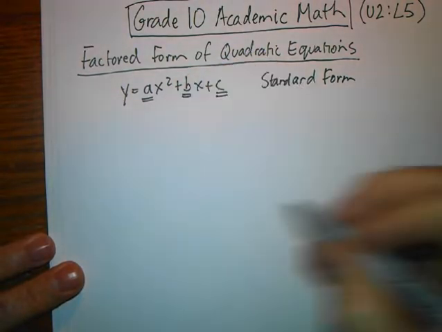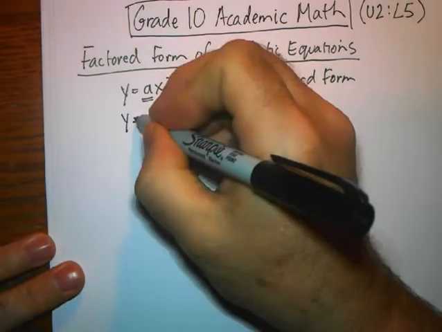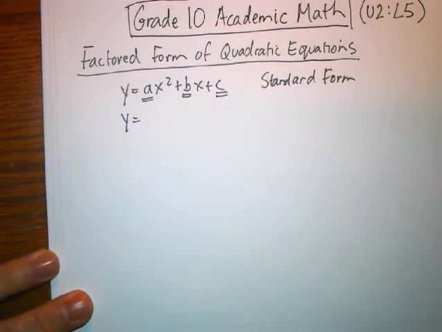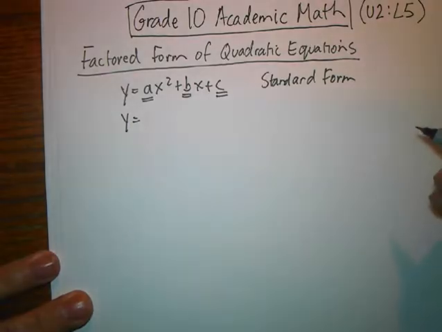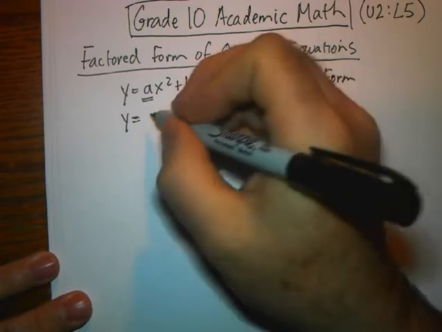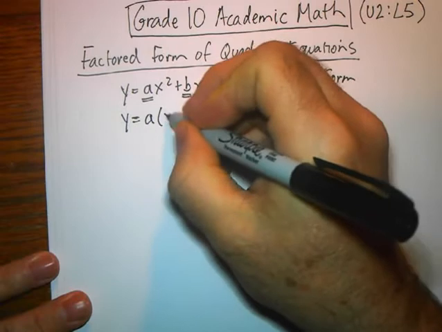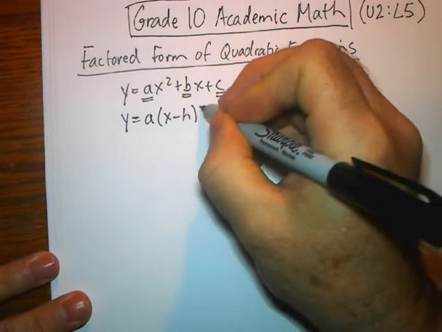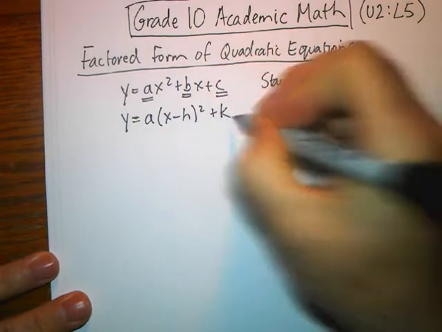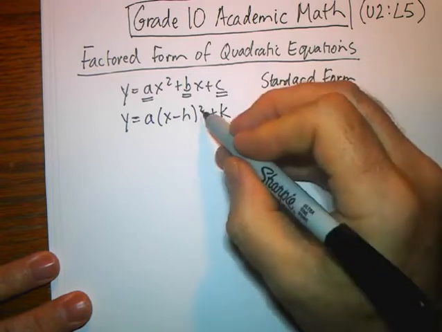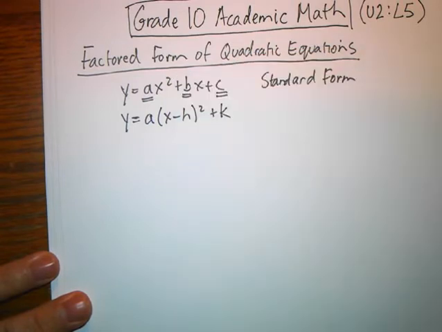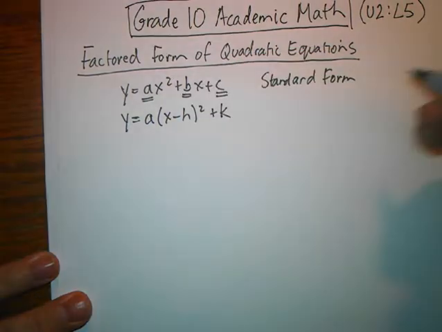We also learned another form when we started changing the parabola by stretching, compressing, moving it around, reflecting it. We came up with this new form, which looked like this. There's a square there, that tells you it's quadratic.